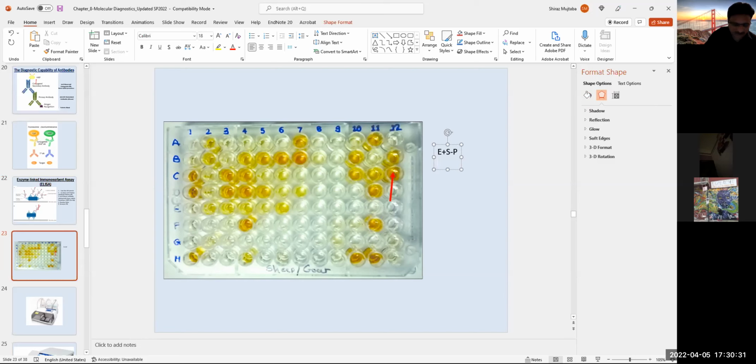What was the enzyme? The enzyme was HRP. What was the substrate? It is called DAB. And when the enzyme acts on this substrate, it becomes brown or dark yellowish, meaning that I had antibody and I was infected.